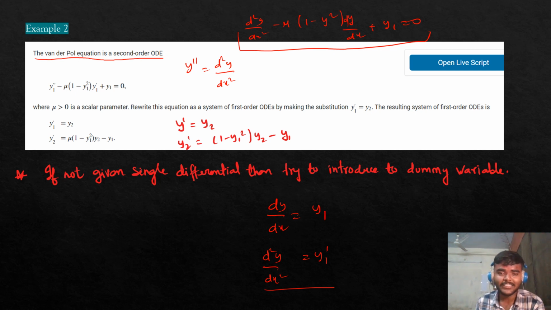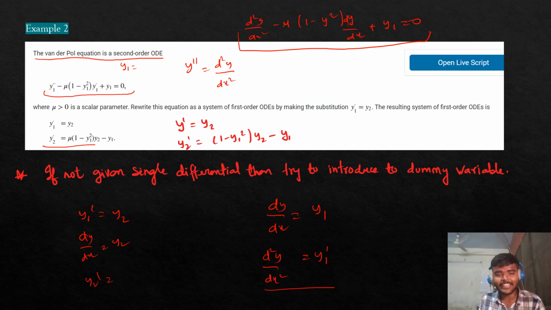So I will be telling you. See, this y dash is equal to y2. So in this equation, y1 double dash, we have assumed y1 dash is equal to y2, meaning this is the whole differential equation involving y1. So we wrote dy by dx is equal to some variable we assigned as y2, and then we can write it as y2 dash.